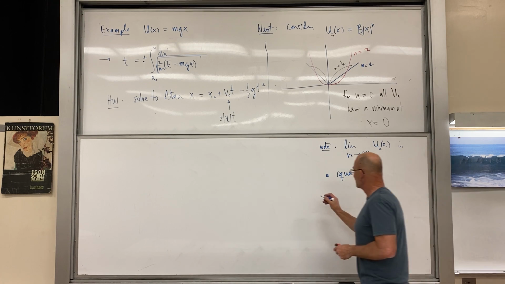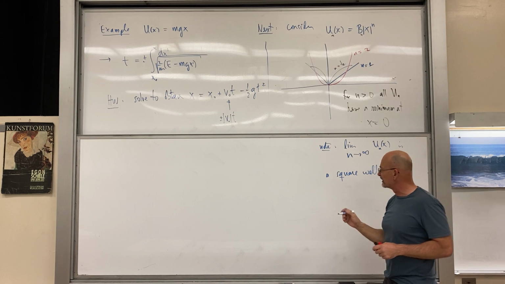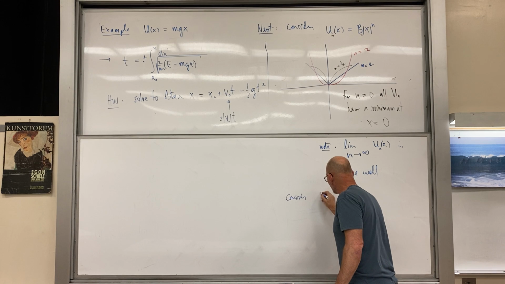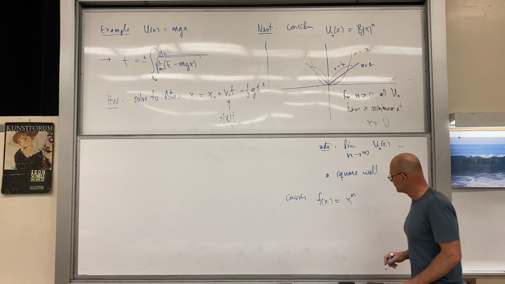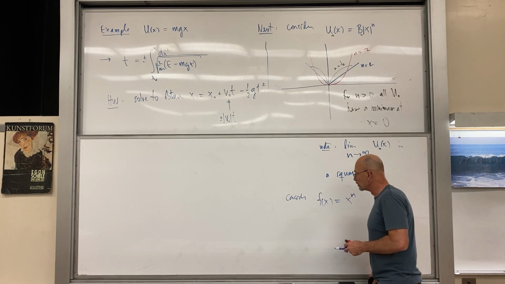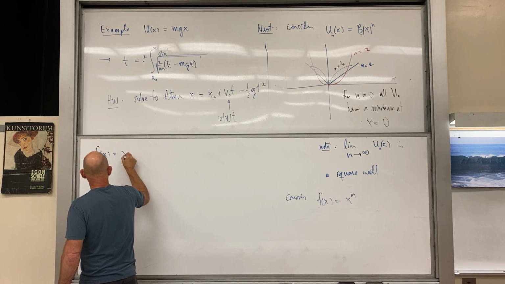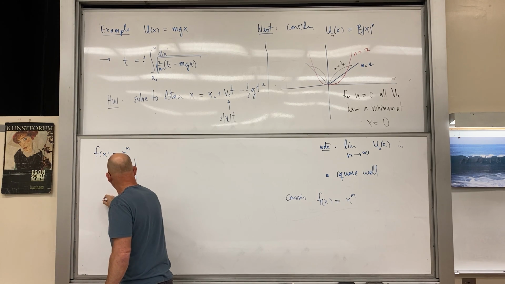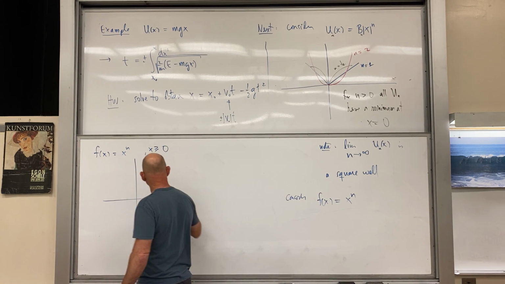In fact, just consider, so forget the b and the fact that this has dimension, just consider f of x is just equal to x to the n. Here I'm going to use a little more room over here. So we've got f of x, x to the n. So now we're just dealing with numbers. And let's just do x greater than or equal to 0.